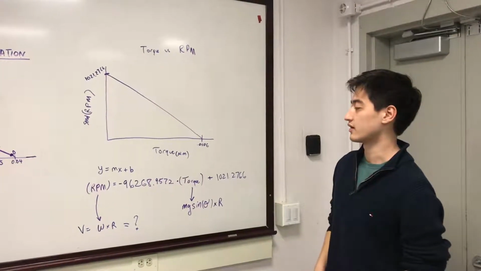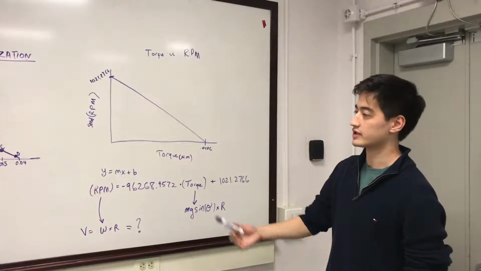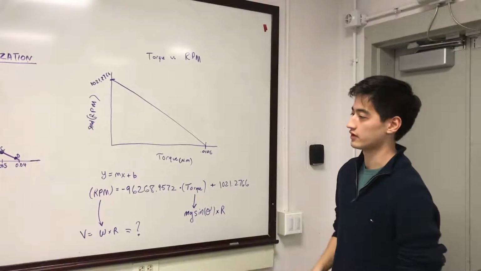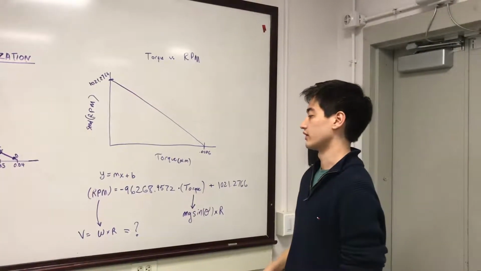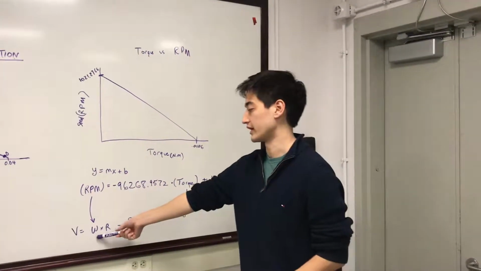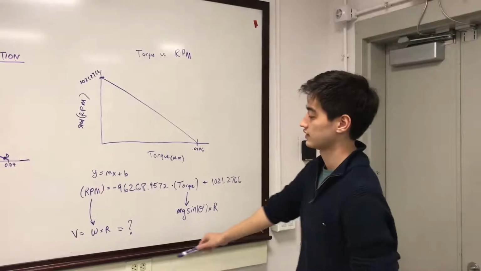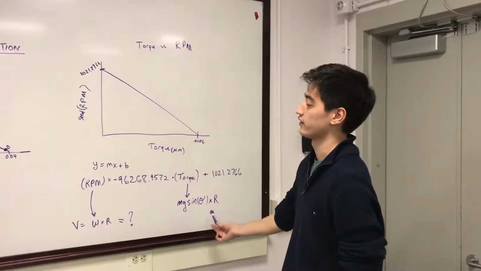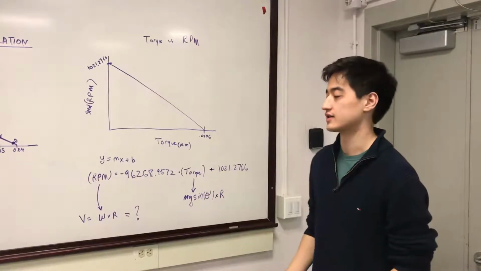From there, we derived already that torque is equal to mg sine theta cross r, and we know that the velocity of the car is going to end up being omega, which is this whole equation, cross r.